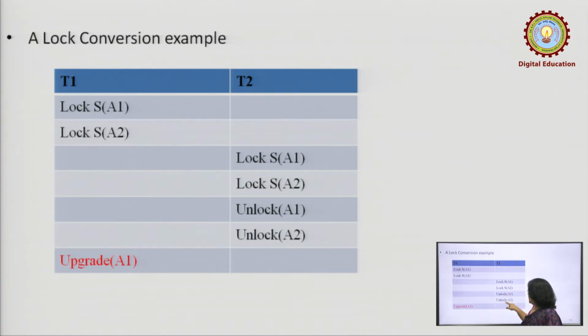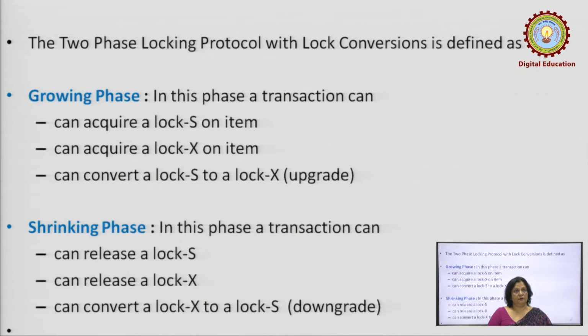T2 unlocks A1 and A2, and then T1 upgrades the lock on A1 to an exclusive lock. When we write upgrade A1, it simply means that the lock has been upgraded. Upgraded means conversion from shared lock to exclusive lock.